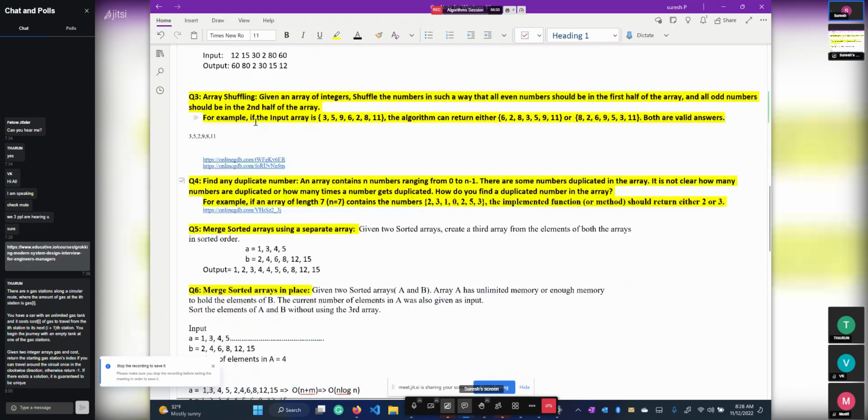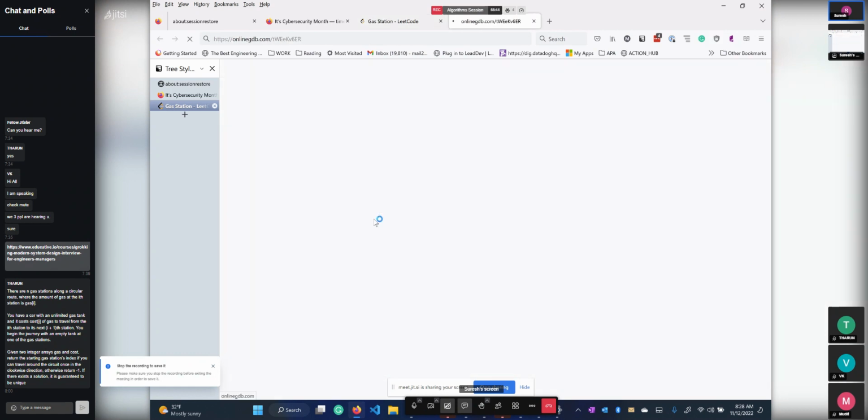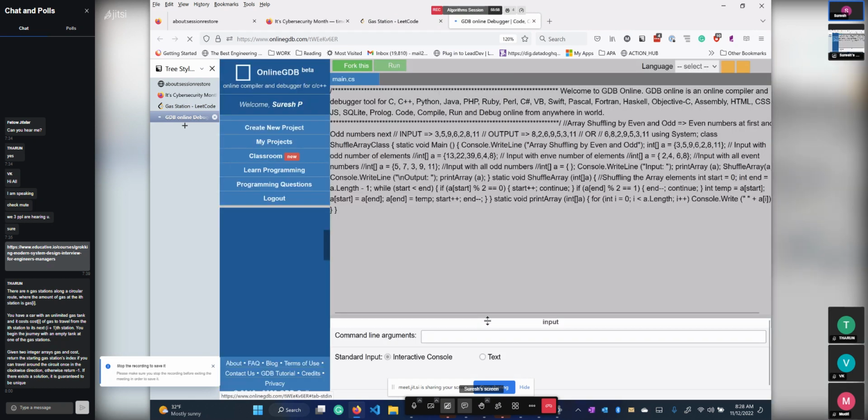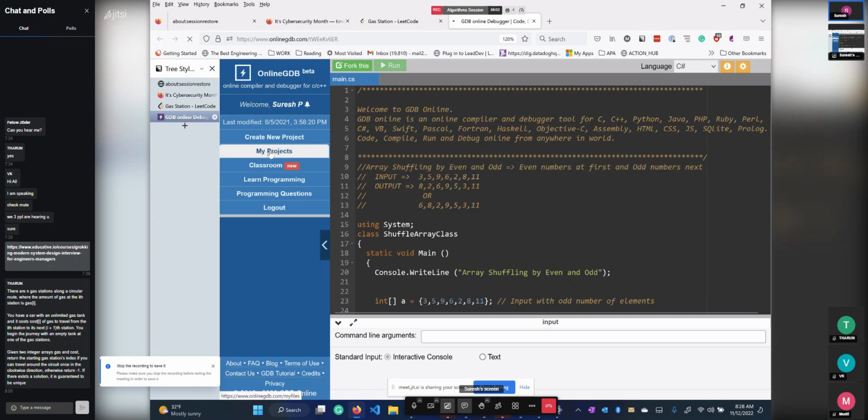Where is this thing? Online GDB here. Yeah, I just want to open one of the URLs. Okay, my projects.